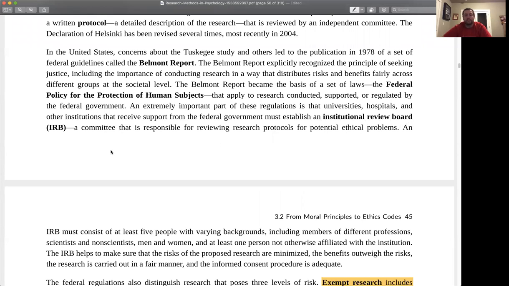If you take experimental psychology, and actually if you take it with me as the instructor, you will have to go through the IRB to run the study that you propose. Institutional review boards make sure that you are following ethical guidelines.